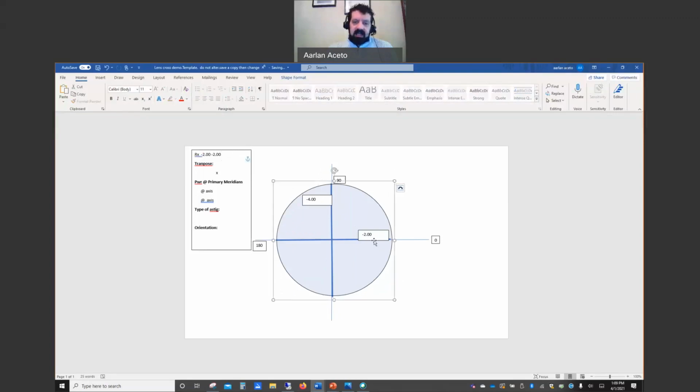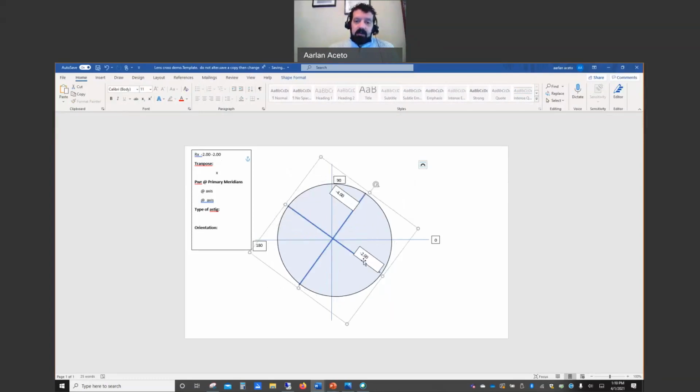Well, the eyeglass lens would have a -2 throughout the entire lens, and then 90 degrees away from wherever we set the axis, it would have an additional -2 cyl. So the two primary meridians would be a -2, and then add the sphere and cyl together, or in this case a -4. So this lens, if you look at this blue lens, it would be a -2 here and a -4 here.